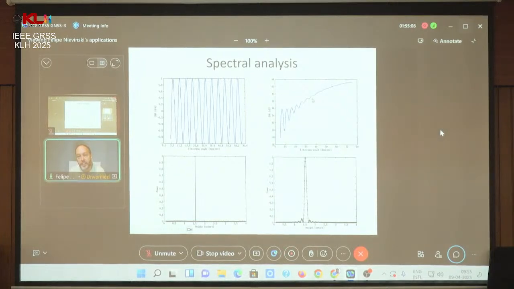These oscillations still have a dampening. We try to remove the dampening to get a sinusoid curve. And then we run a fast Fourier transform or a Lomb-Scargle periodogram, and we get a nice clear peak at the antenna height.